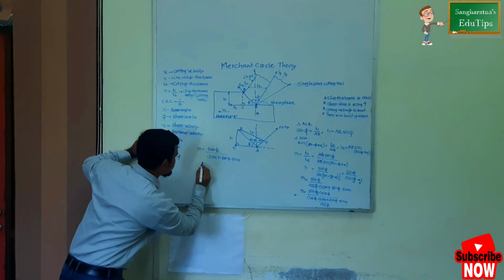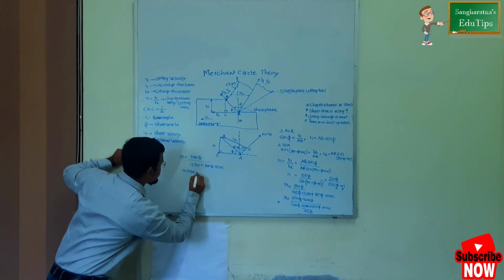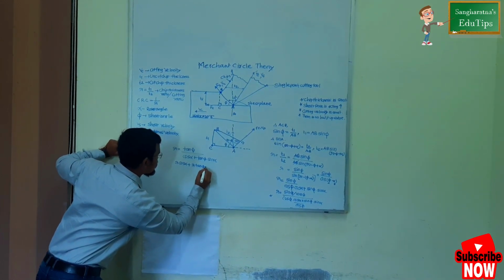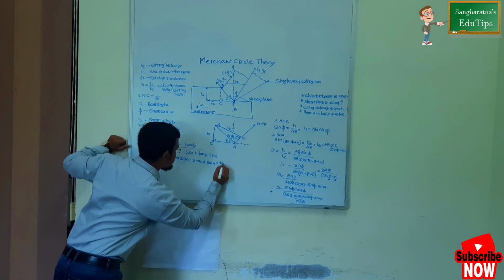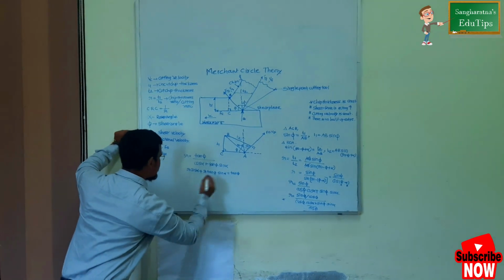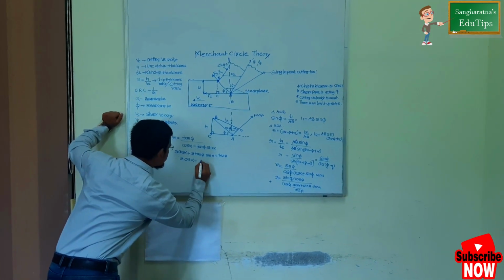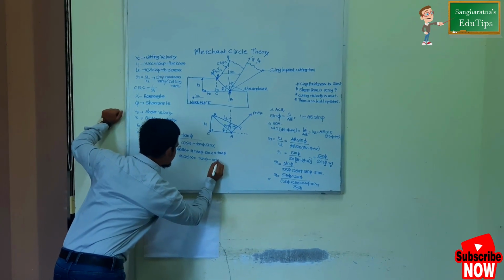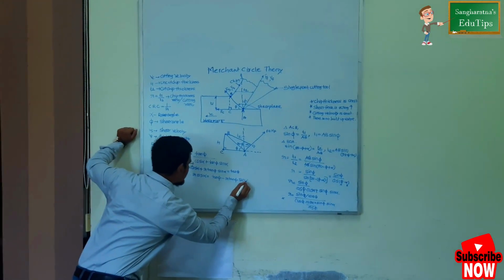Then we'll take this on the right side. So R cos of alpha plus R tan phi into sine of alpha is equal to tan phi, right? So taking this on the right side, R cos of alpha is equal to tan phi minus R tan phi into sine of alpha.